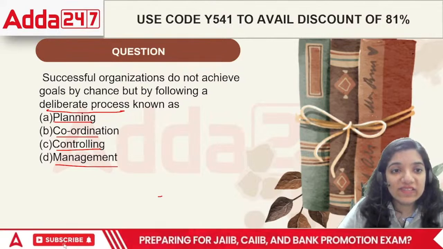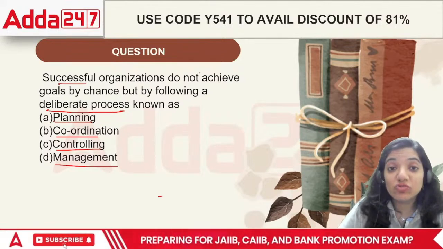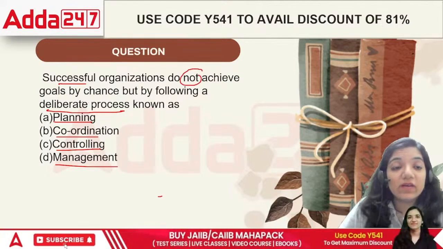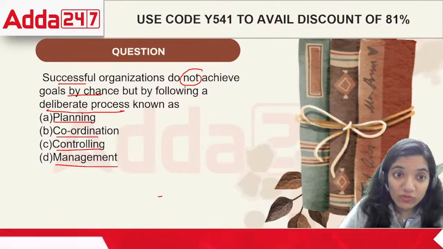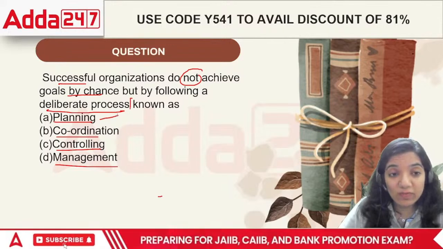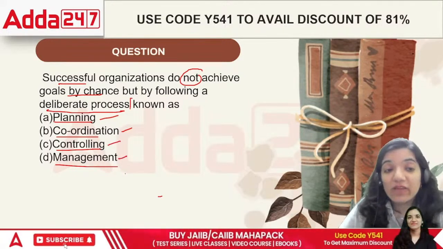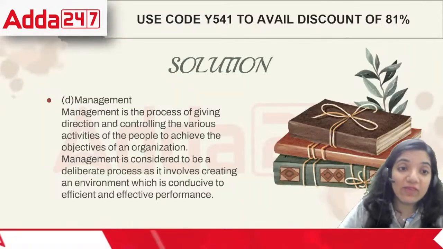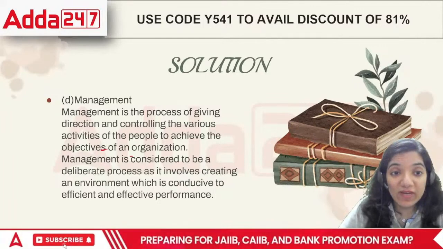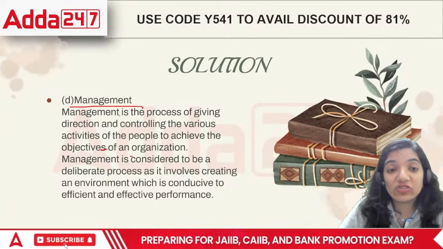Successful organizations do not achieve the goals by chance; that doesn't happen on their own. They go through a deliberate process. It's called planning, then coordination, controlling, or management. They have to go through the proper process of management, giving directions to others and trying to control things.